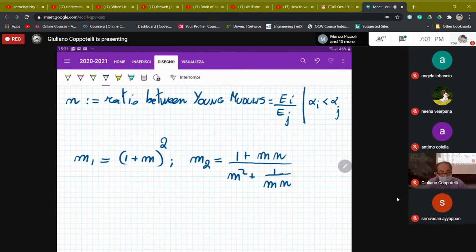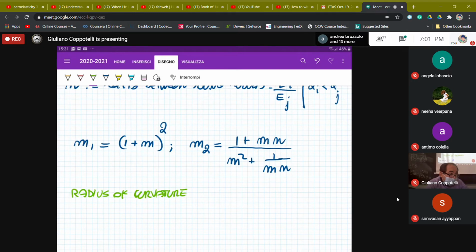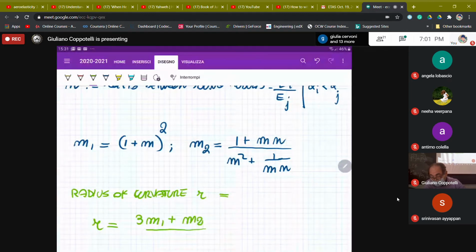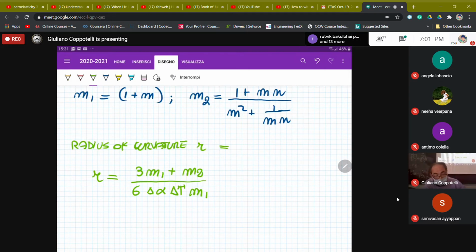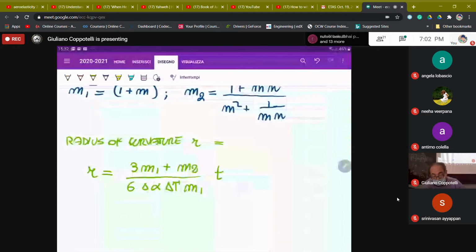Then we can prove that the radius of curvature of the bimetal thermometer, when it's operating at a different temperature with respect to the manufacturing one, R is equal to 3 M1 plus M2 over 6 delta alpha delta T M1, times the order of thickness.